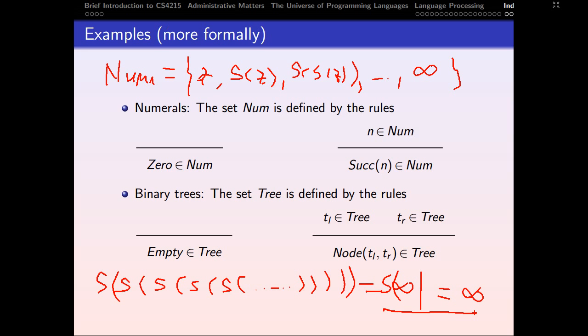So I'm going to have to verify these two rules with this set, but I want to put infinity here. Does that break the rules? In what way? Because it doesn't build from n to the successor. But I'm not saying that it has to build from n. I'm saying that if n is a numeral already, the successor of n should be a numeral. But we are assuming that infinity is a numeral.